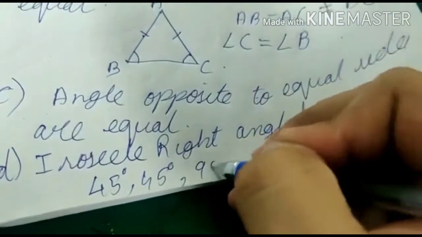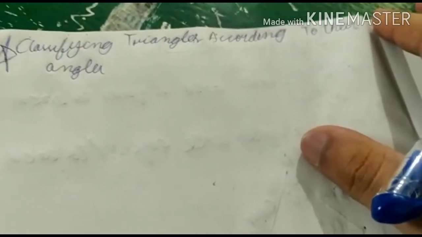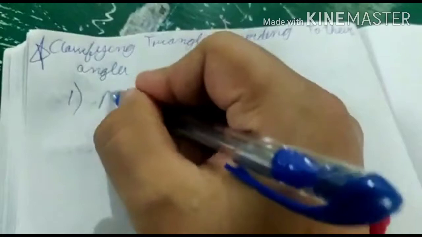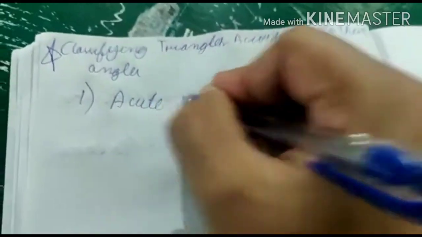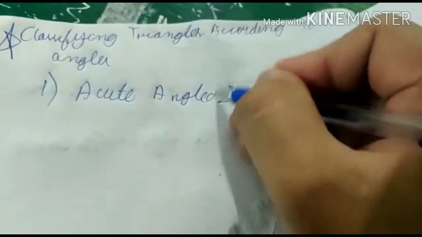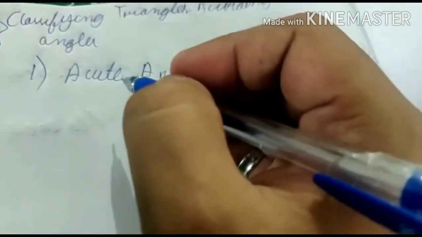and one is 90 degrees. Next topic here is classifying triangles according to their angles, of which our first type is the acute angled triangle. What does this mean? What does acute mean?